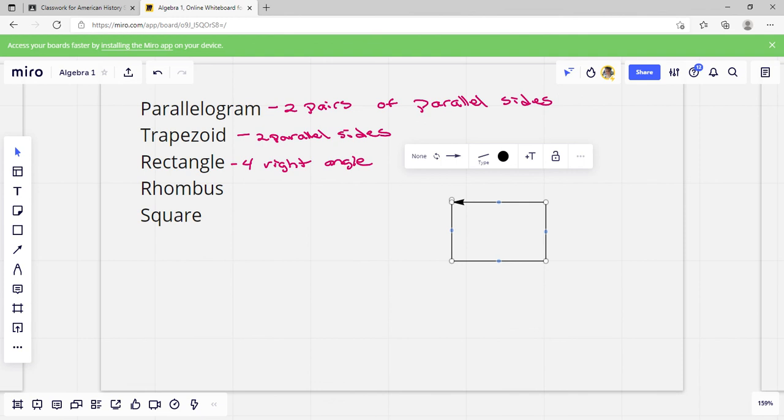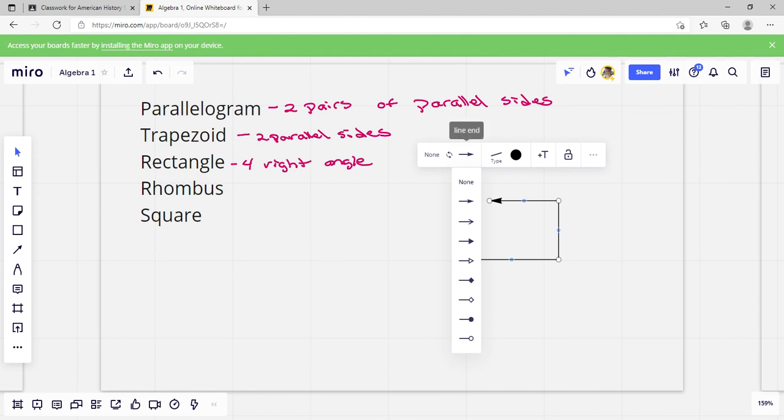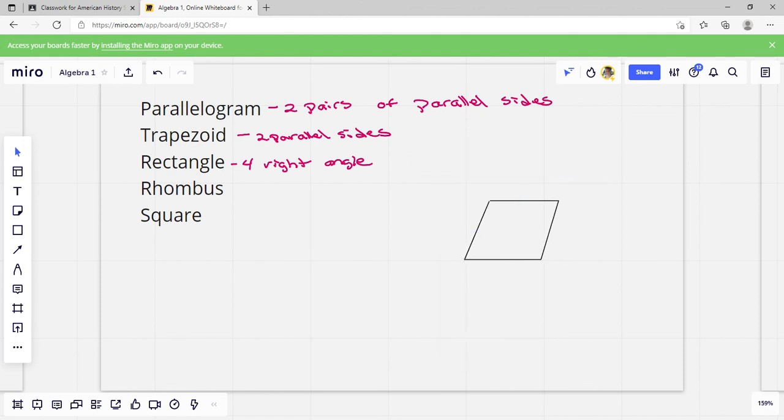A rhombus is an equilateral parallelogram. So a rhombus can look like, let's see, get rid of that arrow. Like that, as long as all the sides are equal.